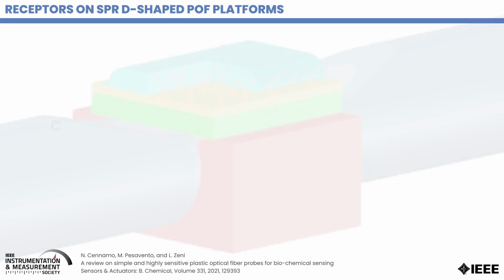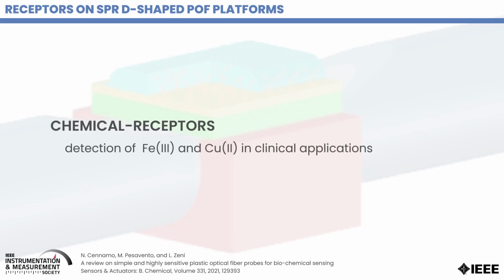And finally, also chemical receptors have been used for the detection of heavy metal ions, such as in the case of iron 3.